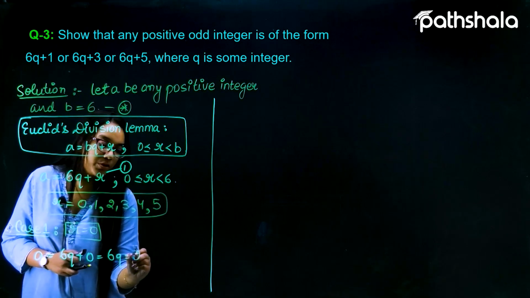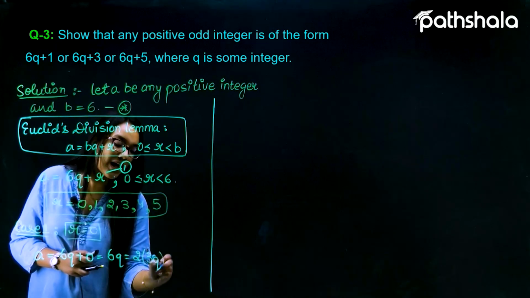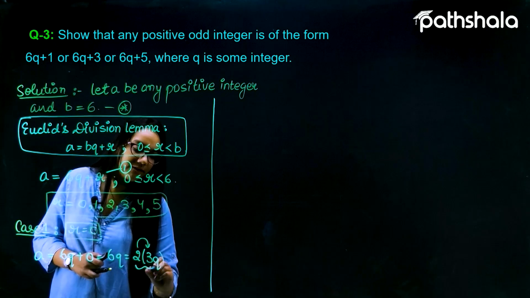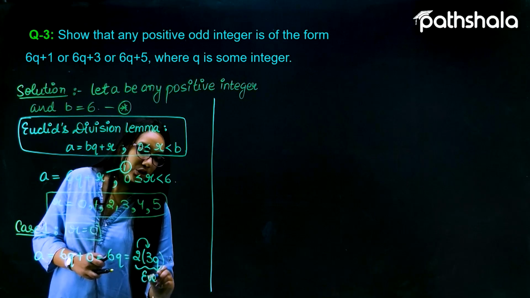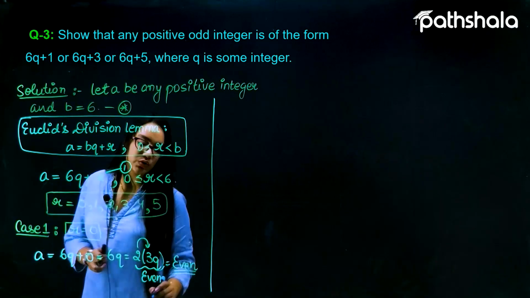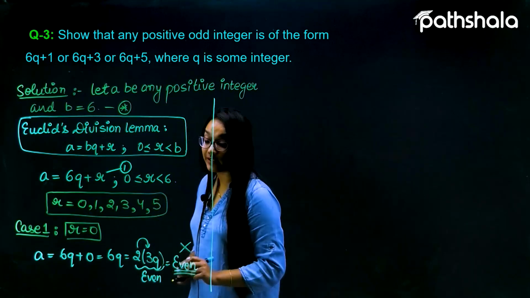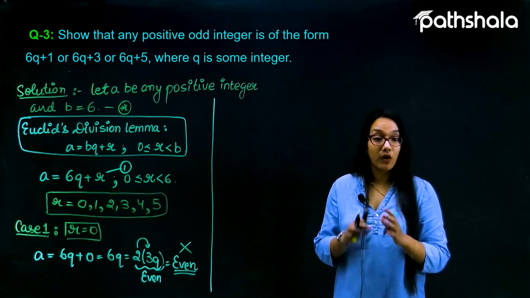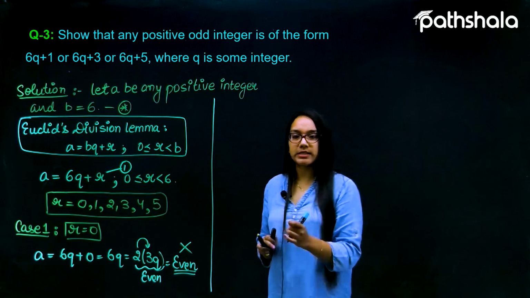We can write it as 2 into 3q, and we know that whenever 2 is a factor of a number, that number is definitely an even integer. So this is a case of getting an even number. This case would definitely be neglected because we just want odd numbers. So case number 1 is neglected.